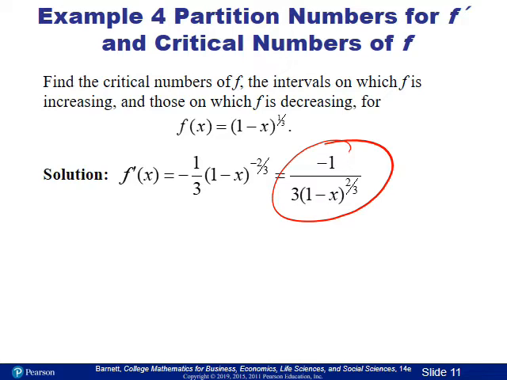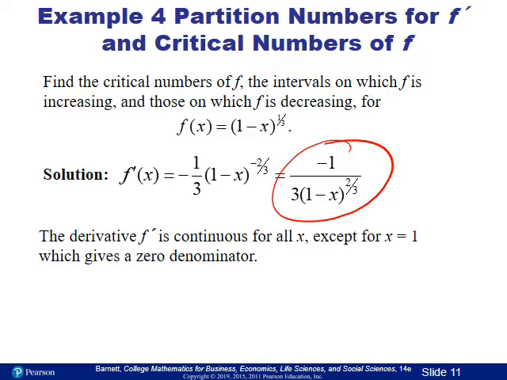Yes, it is, because if we substitute x equals 1 into this function, we get f of x equals 0. So we have a solution for f of x when x equals 1, which says that it is in the domain of f. So we can say that this is a partition number and a critical number.